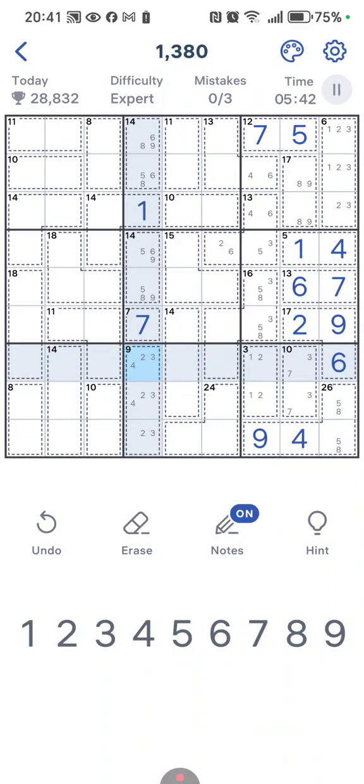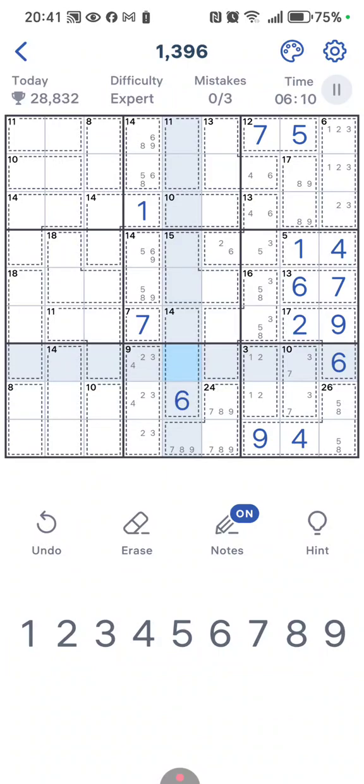Cool. So what's next? Anything else that comes down to just one solution at the minute? Yeah, here. 24 only has one solution, which is 7, 8, and 9. So I'm going to put in what remains in here, which is 1, 5, and 6. 6 can't go along the top.